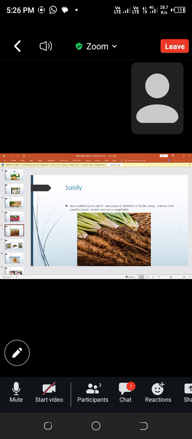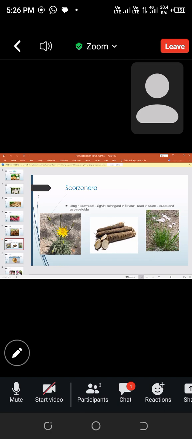The next vegetable is the scorzonera. It is another type of vegetable, a long narrow root, slightly astringent in flavor, and used in soups, salad, and as a vegetable. We now go to the other type of root vegetable, that is swede.